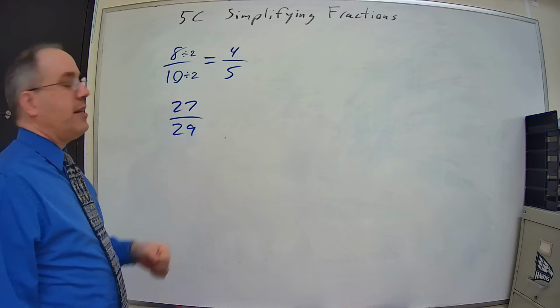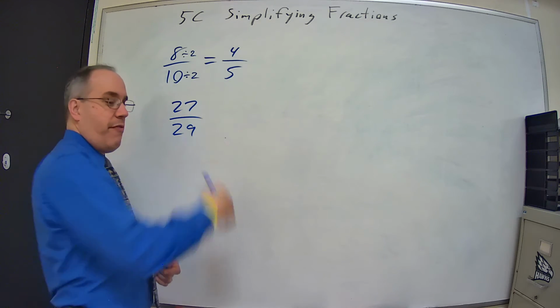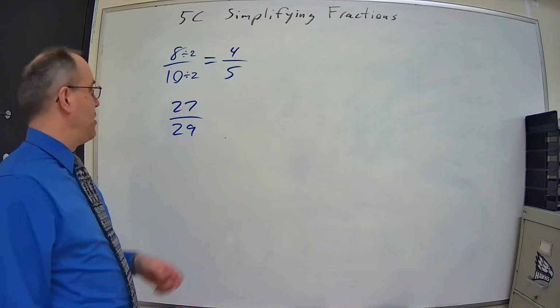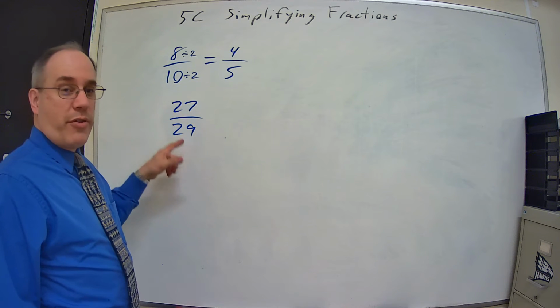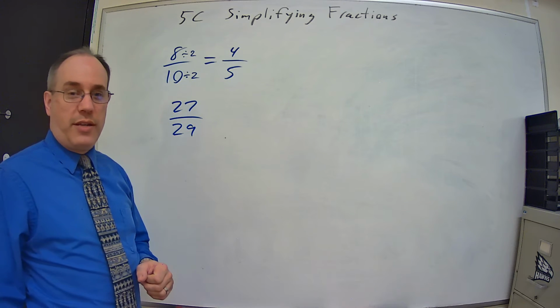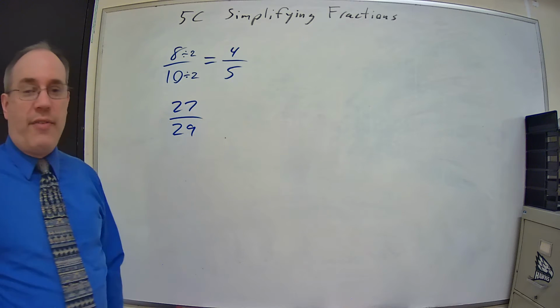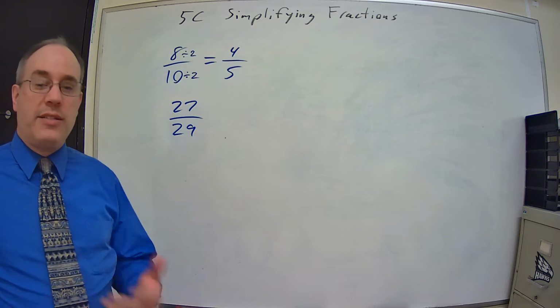Since 29 is a prime number, there is not going to be any common factor between these because 27 is smaller than 29, so 29 cannot be a factor of 27. So we have to leave it as 27/29.